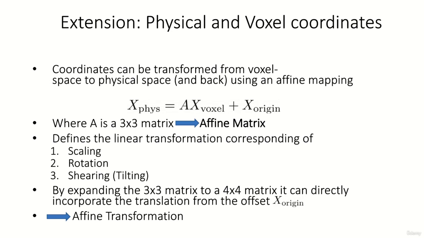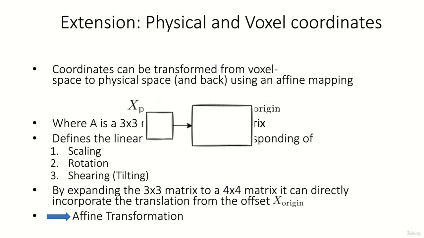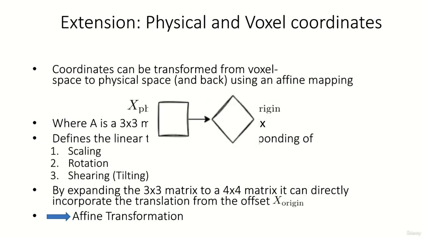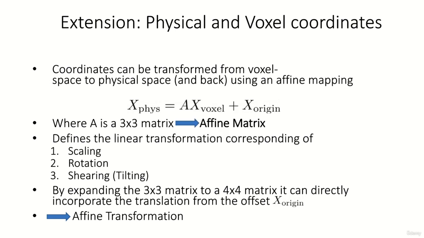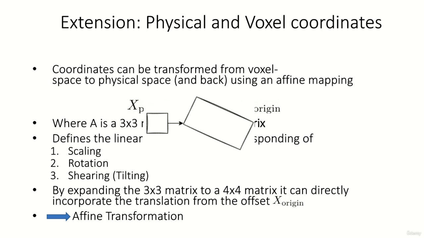It defines the linear transformations of scaling, where you simply stretch or squeeze an image, rotation, where you rotate an image, and shearing or tilting, where you skew an image. Of course, it also contains all possible permutations and combinations of those three linear transformations.